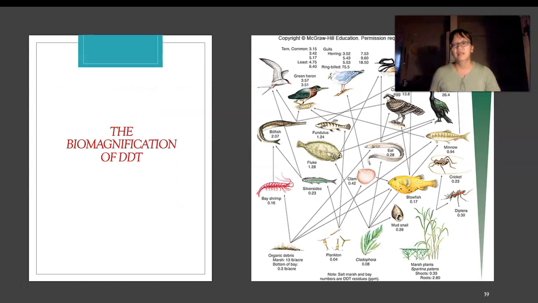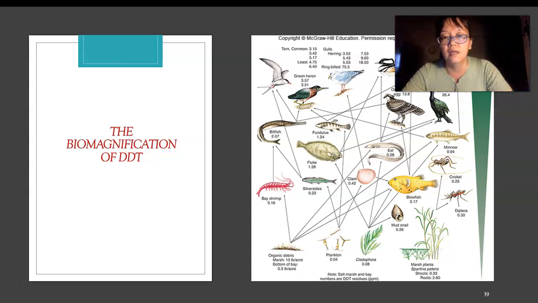I use a slide like this to show you one example. If we look down the slide, plankton, the concentration is 0.04. When we go to the highest level, the white bird in the middle, the gull, 75.5. So pull out your calculator.